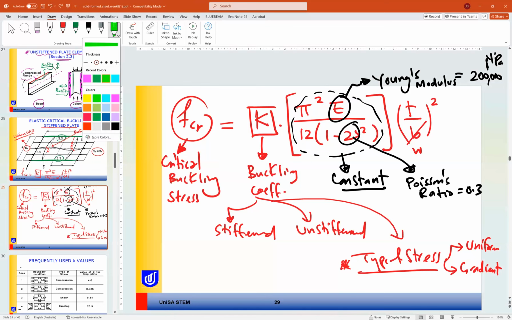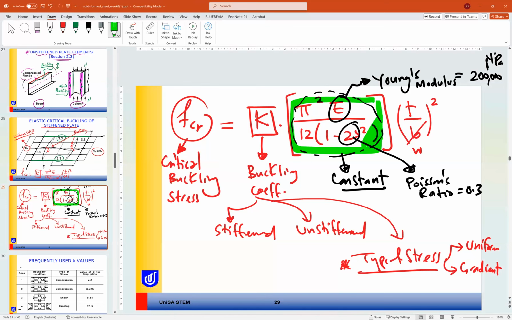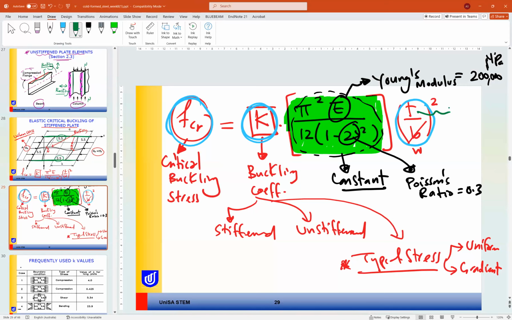So all this part of the formula is a constant. So actually, the critical buckling stress, FCR, depends on K and the plate dimensions. T, what is T? The plate thickness.